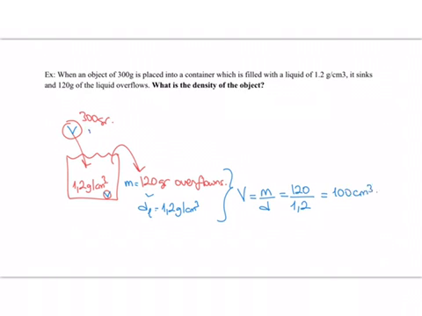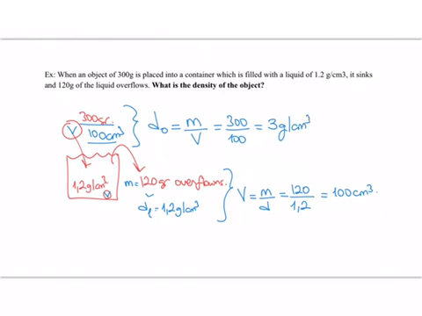This is also equal to the volume of the object. So I know the mass of the object and the volume of the object, so the density of the object, from mass over volume, is 300 gram over 100 centimeter cube, 3 gram per centimeter cube.